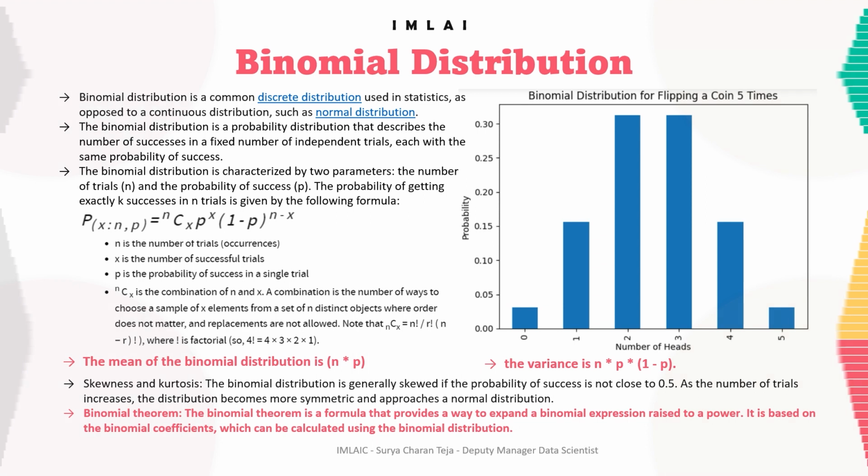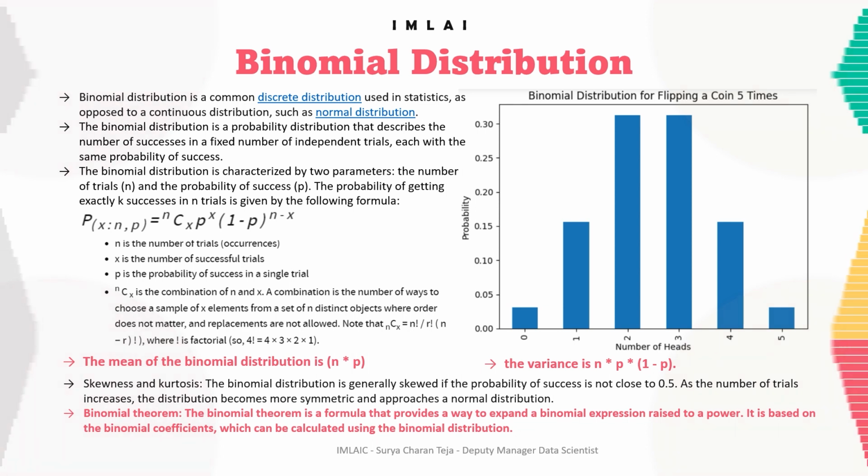To put it in the simplest way, the binomial distribution is widely used in various fields such as biology, finance and engineering, to model the probability of success in a fixed number of trials. So, in summary, the binomial distribution is a probability distribution that describes the number of successes in a fixed number of independent trials, each with the same probability of success.